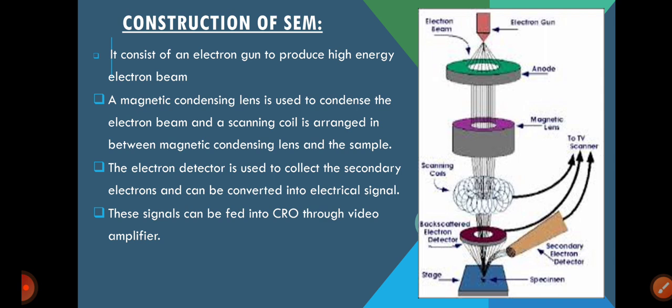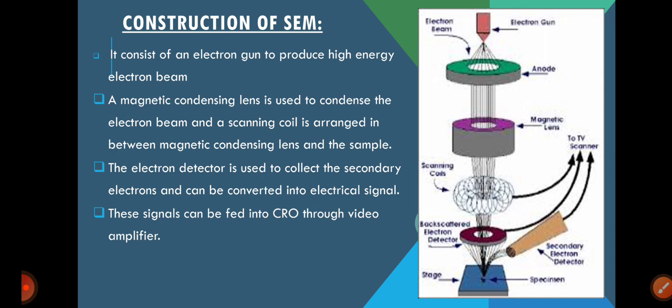microscope. Whenever you make an electron beam incident on the specimen, we see a number of scatterings, a number of electrons: absorbed electrons, backscattered electrons, secondary electrons, transmitted electrons, and X-rays. In this SEM, we are collecting secondary electrons.